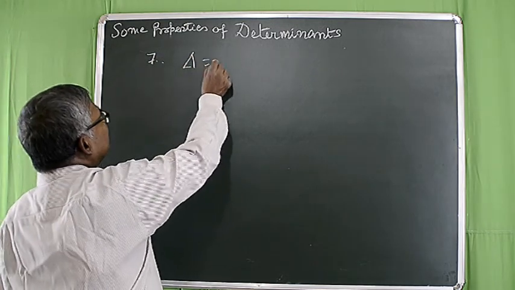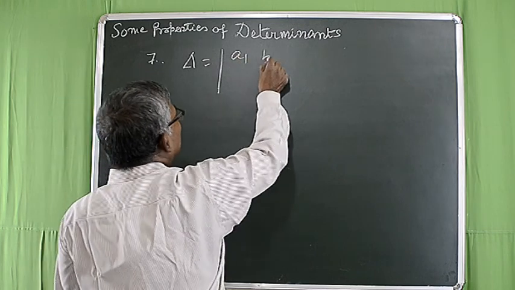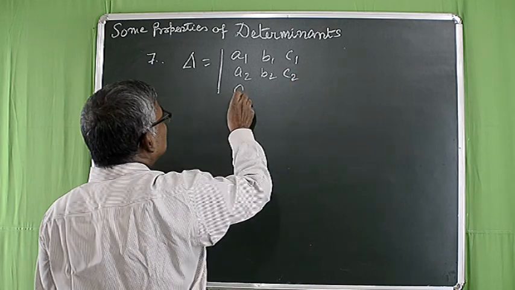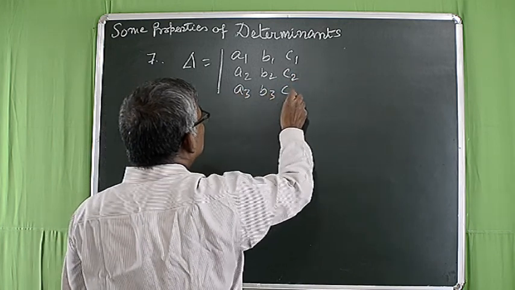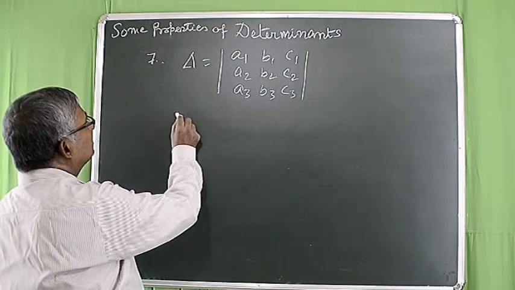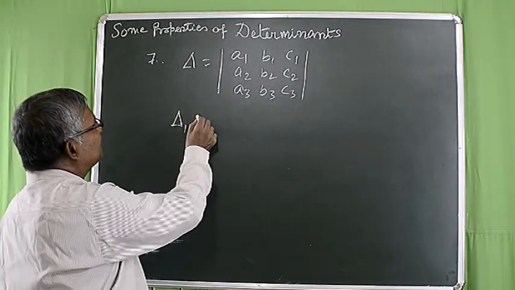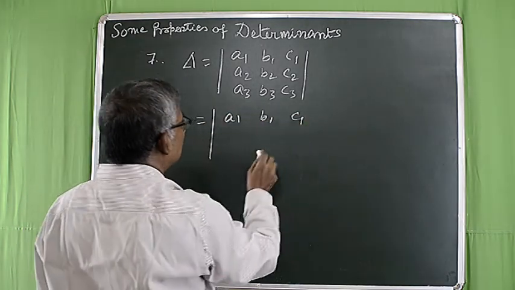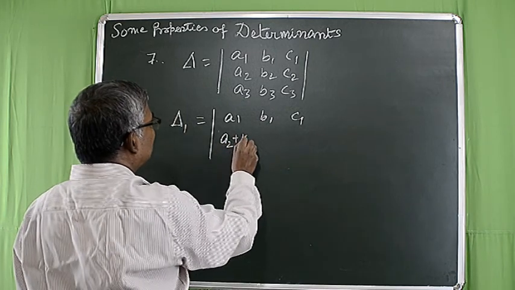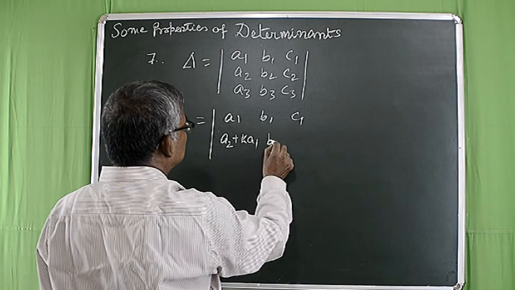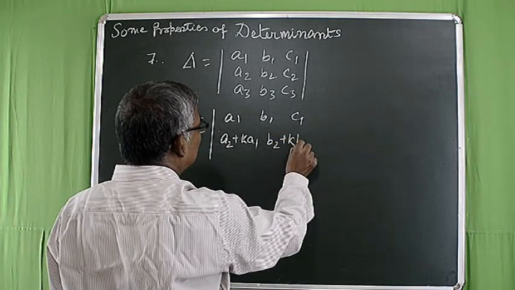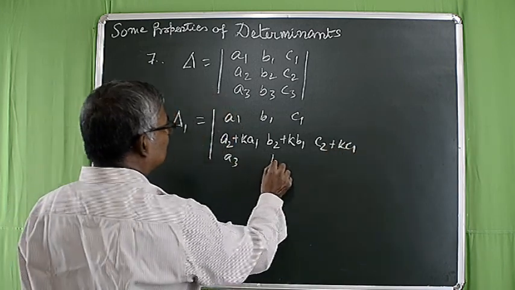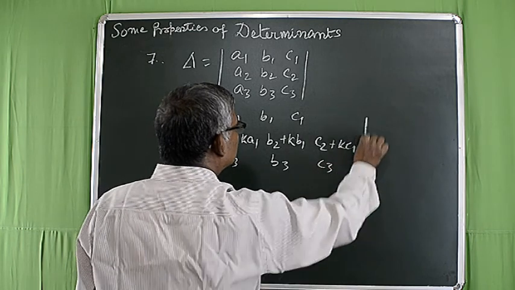Suppose there will be a determinant A1, B1, C1, A2, B2, C2, A3, B3, C3. Let del 1 be another determinant whose elements are A1, B1, C1, A2 plus KA1, B2 plus K B1, C2 plus K C1, A3 B3 C3.